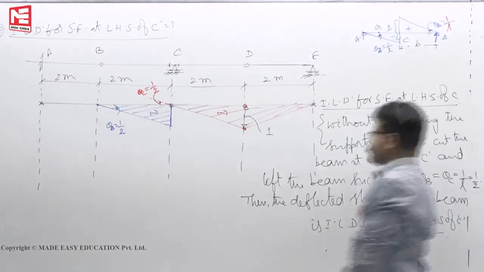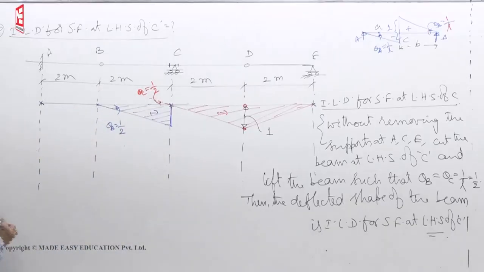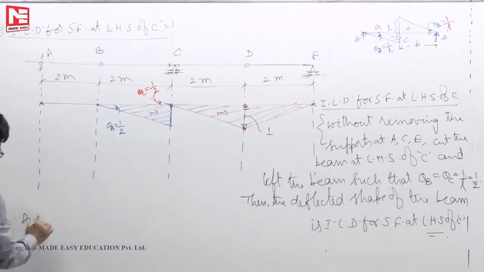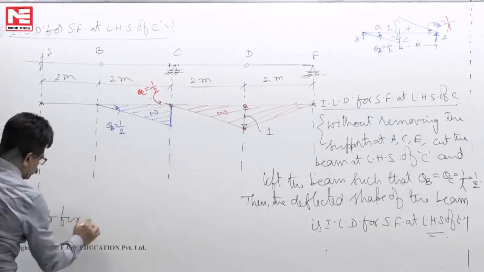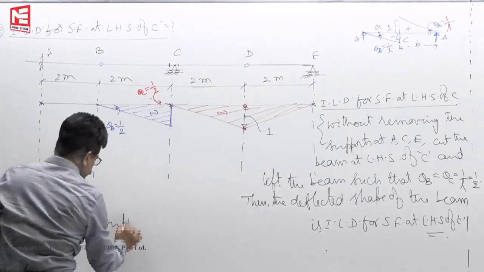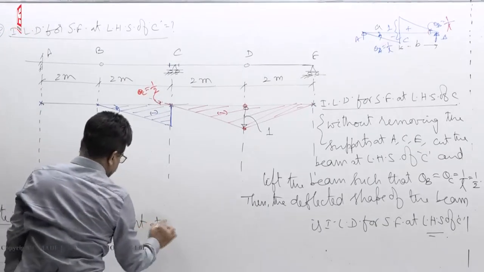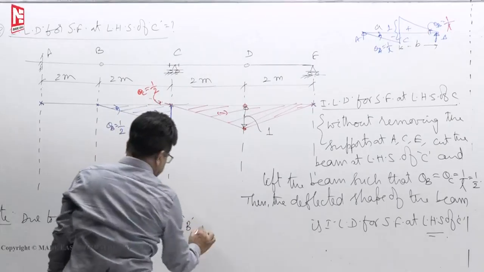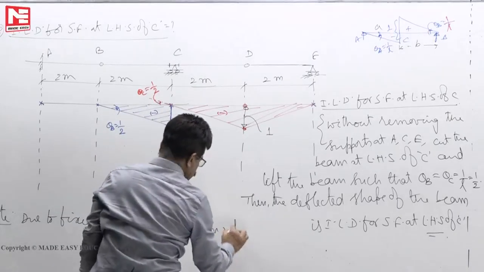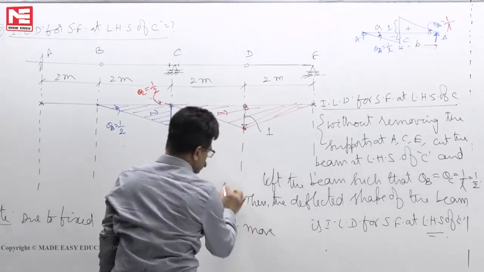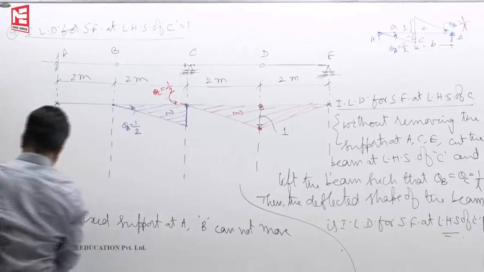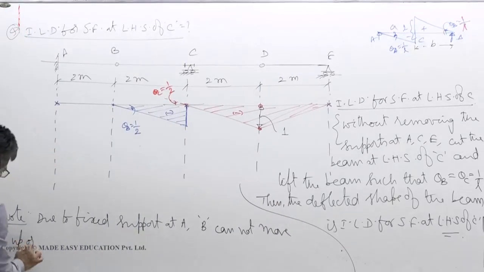This is the observation. Due to the fixed support at A, B cannot move up or down.